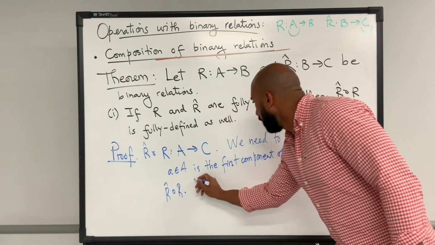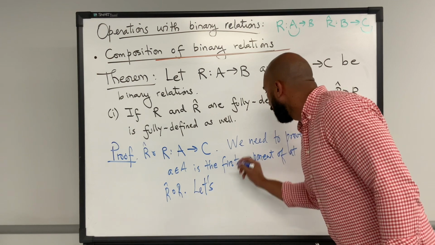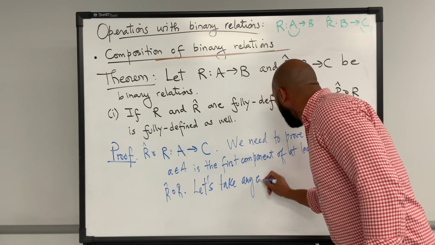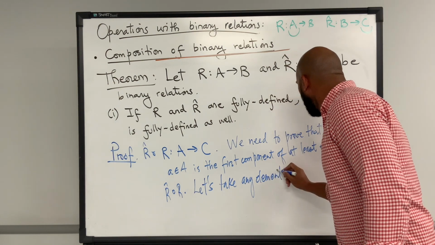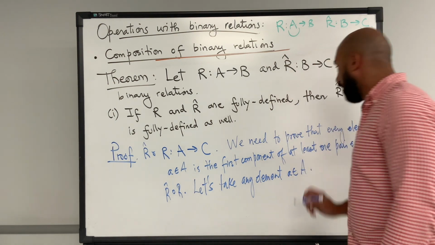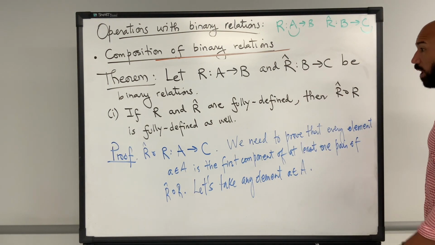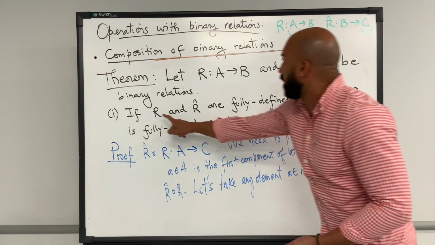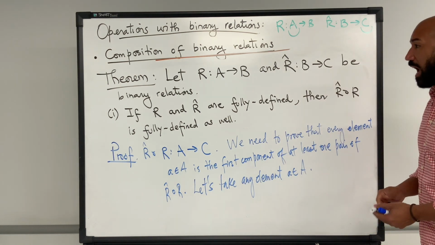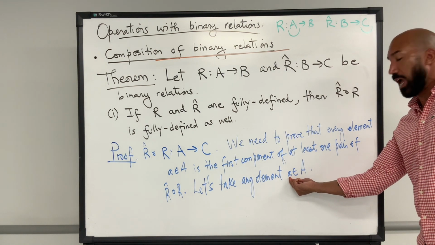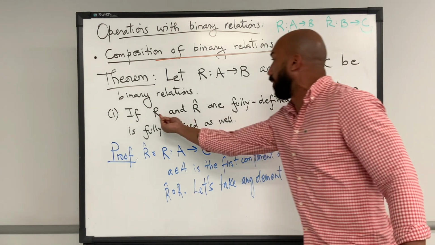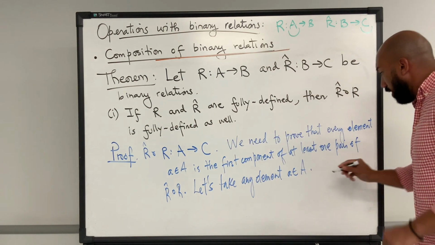Yes or no? So let's take any element a in A. Let's fix one element in A. What do we know? We know that R is fully defined. Since R is fully defined, this element a has to be the first component of at least one pair in the relation R.